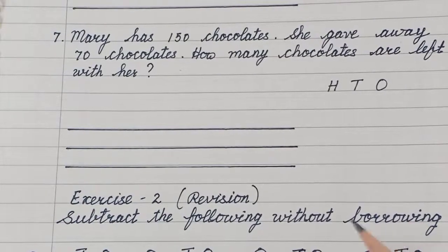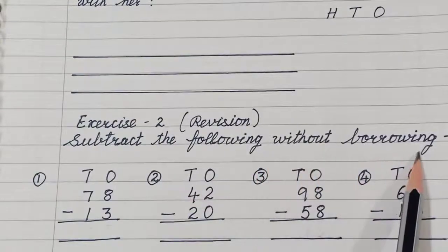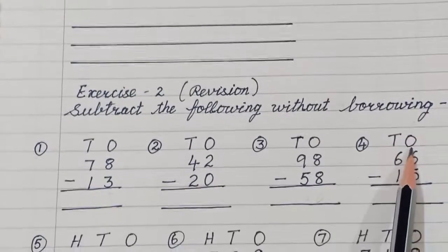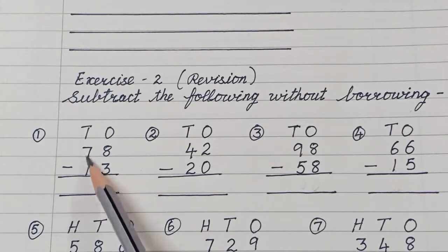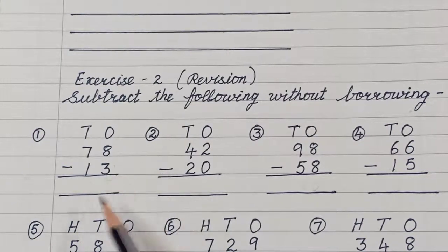After doing these statement story sums, you will subtract the following without borrowing, which we have already done in class 1 also and in our previous assignment. So let us do 78 minus 13. 8 minus 3 is, take out 8 fingers, close your 3 fingers.